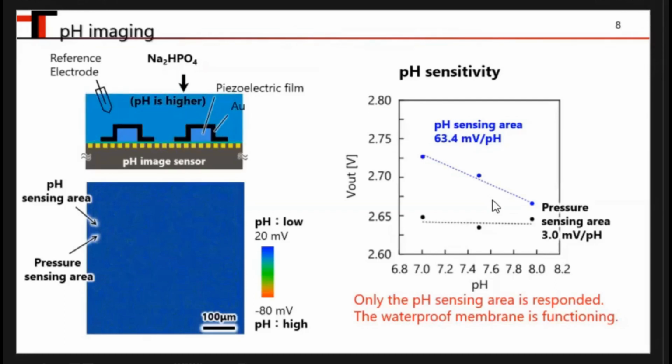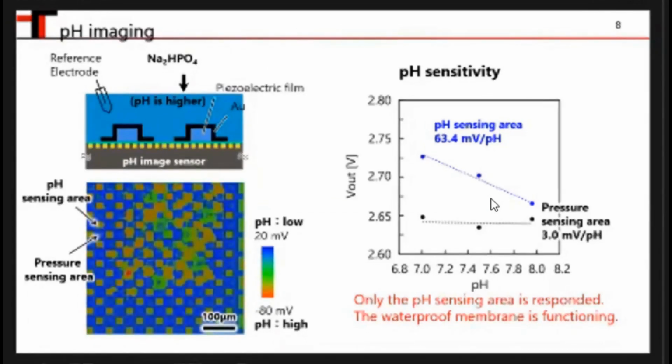This is a result of imaging. The output of the pH sensing area changes in the direction of higher pH and the pattern is visible.